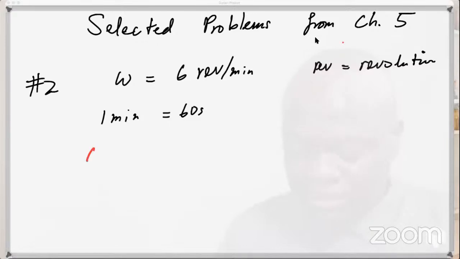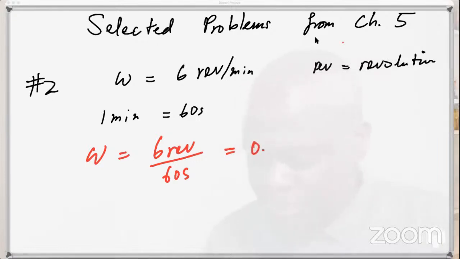So that means the angular velocity would be 6 rev divided by 60 seconds, which is 0.1 rev per second.